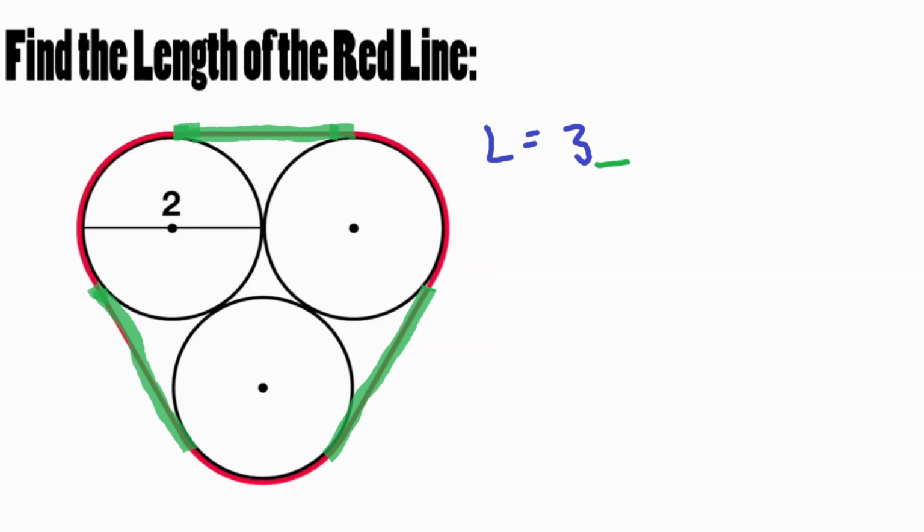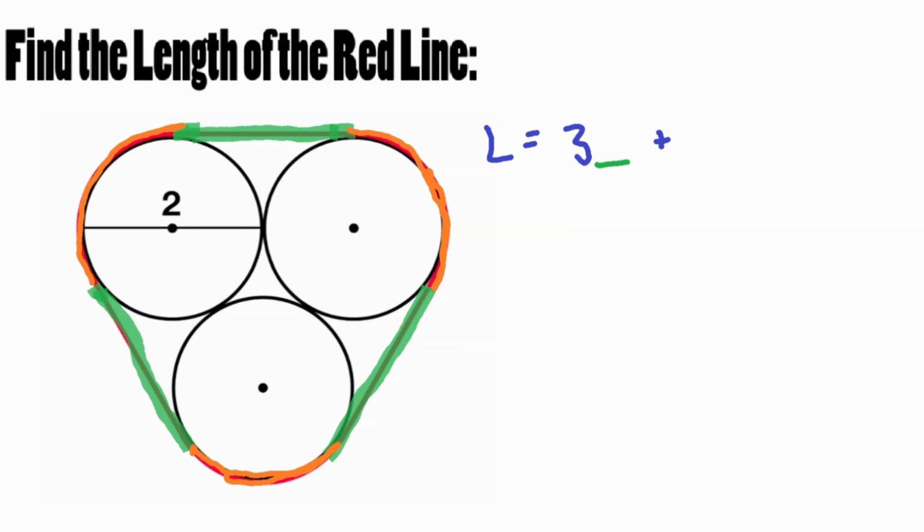But obviously, the total length is not only equal to 3 times the green, because we also have this curved part here, where it curves around like this. And this also appears 3 times. Here I labeled it as orange.